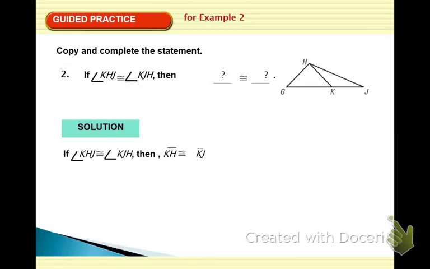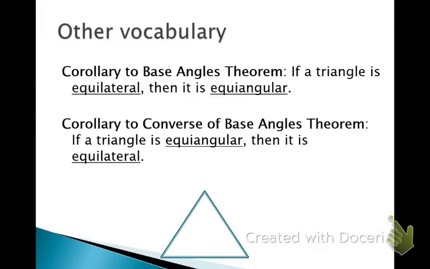Do I have it? All right. More theorems here. Corollary to the base angles theorem: if a triangle is equilateral, then it's equiangular. Because in an equilateral triangle, all the opposite sides are congruent, so that means all the opposite angles are going to be congruent.